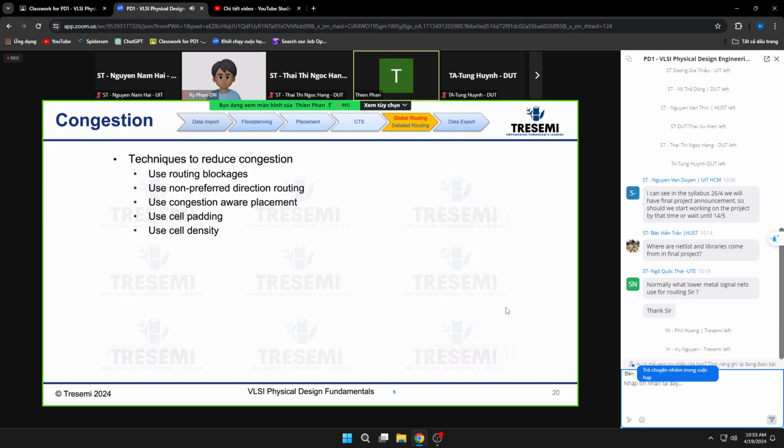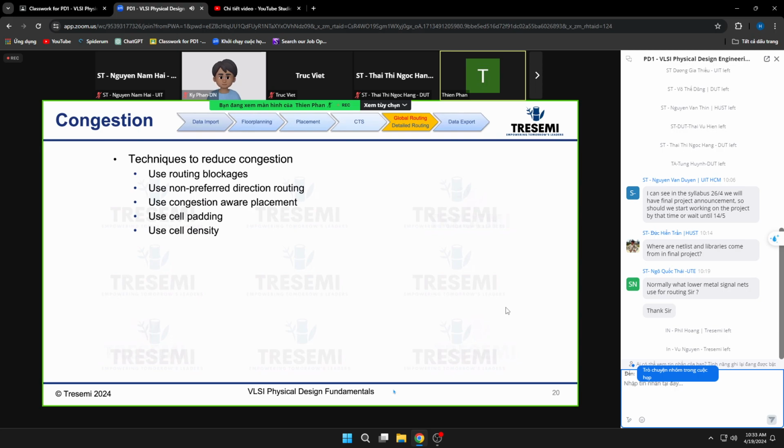So those three things go together: performance, power, and area. You want to look at all three at the same time. There's no way you can push one so hard without it affecting the others.